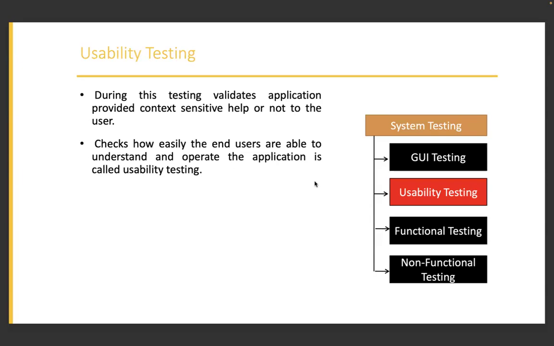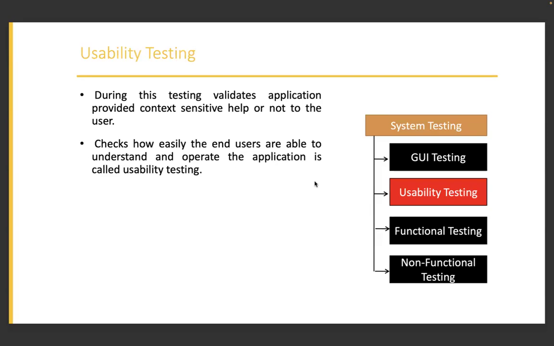So what is usability testing, guys? Usability testing validates whether the application provides context sensitive help to the user or not. If I am taking any website where the purpose is to, let's say, book a product, and I am able to serve that purpose, that means the website is fine, it is perfect, no issue with that.